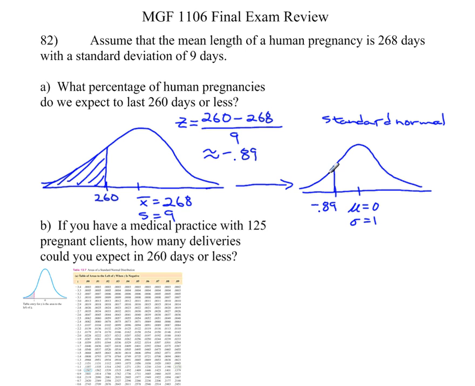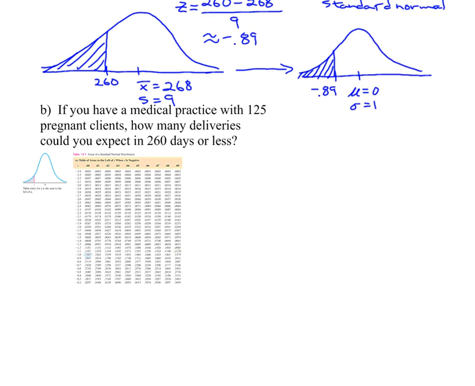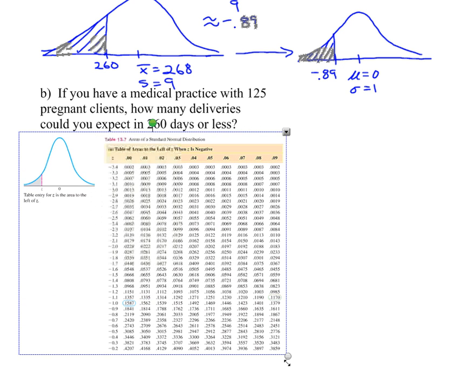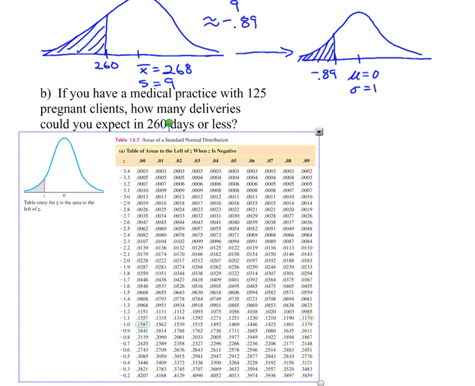Again, we're looking for the area that this shaded region represents. To do that, we need a table that gives us information about negative z-scores.